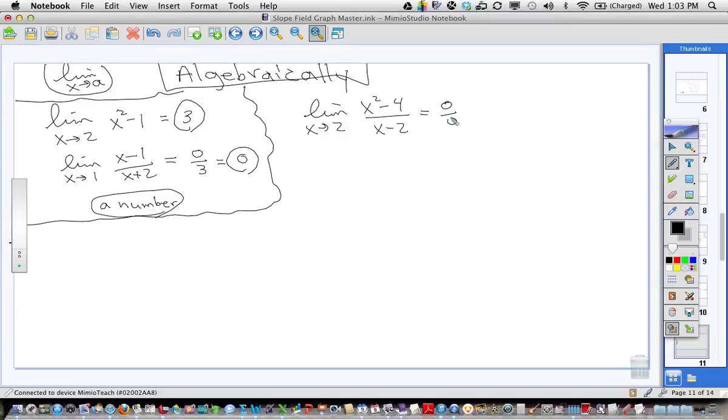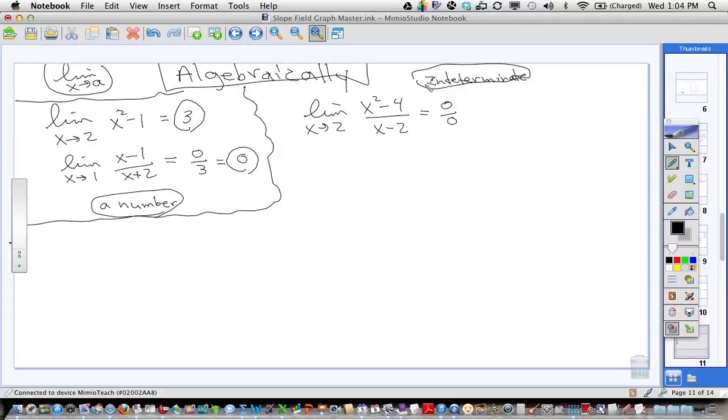Now, we will talk more about this tomorrow, but this is a really special case. Now, what we did in the past on this one is we said what? If you get 0 over 0, what do you do? Keep going, right? Keep going. If you get 0 over 0, the term we used was indeterminate. You cannot determine whether there's a limit or not. We're going to talk a lot more about that terminology tomorrow. But we get indeterminate. That means keep going.